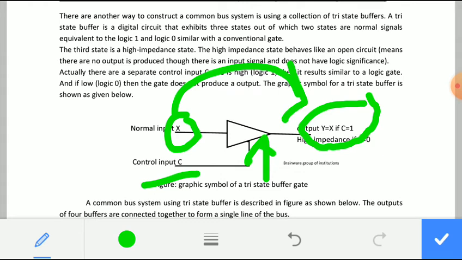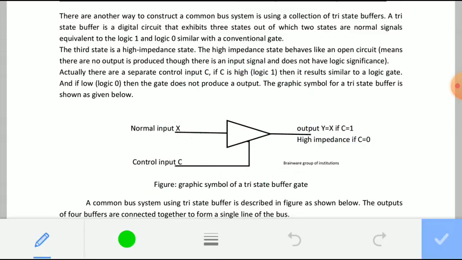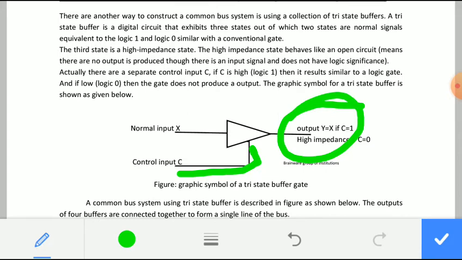Otherwise, if the control is 0, then the output is in the high impedance state. That means it does not carry any value. It is like inactive. It is a very crucial thing: whether the value is 0 or 1, or active or inactive. There is a complicated situation.